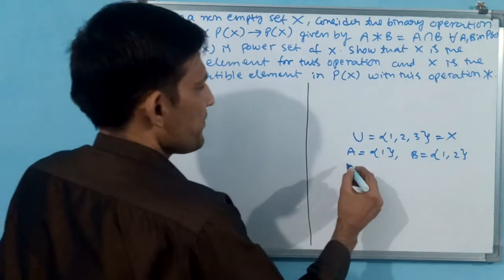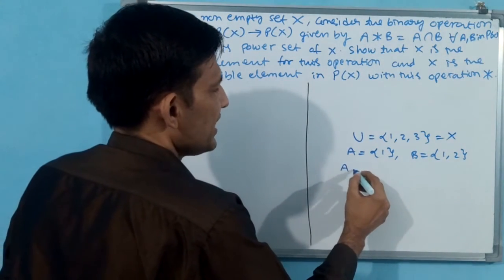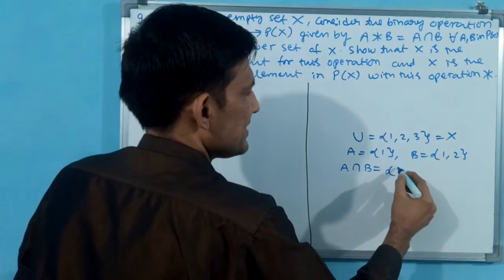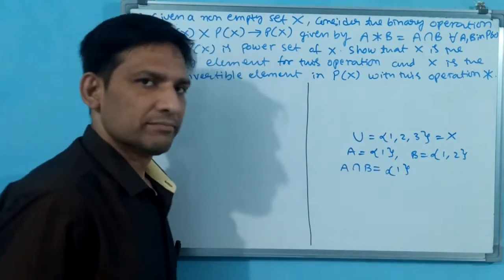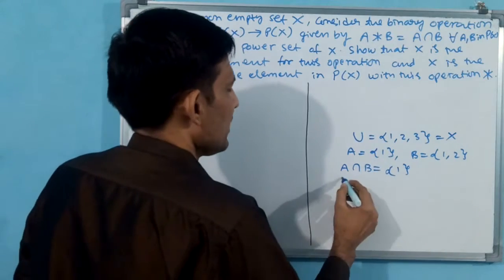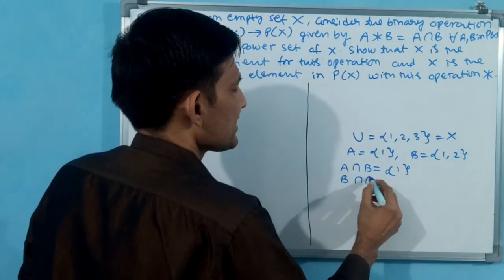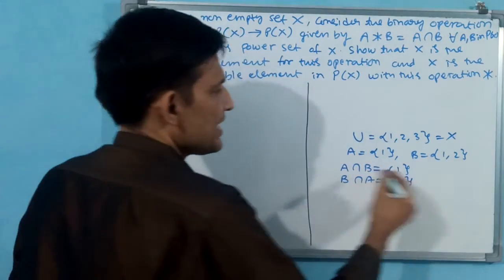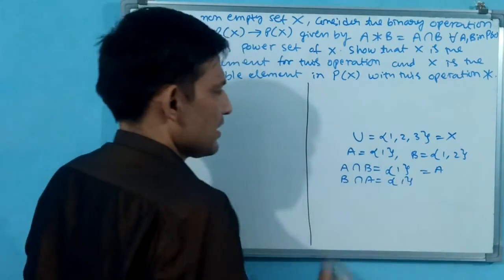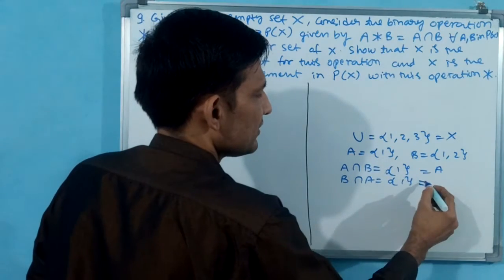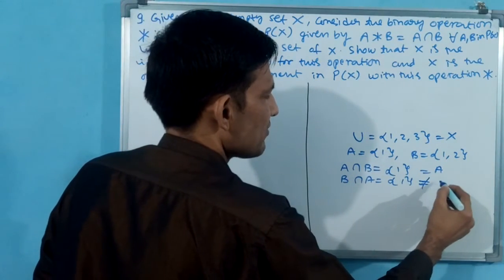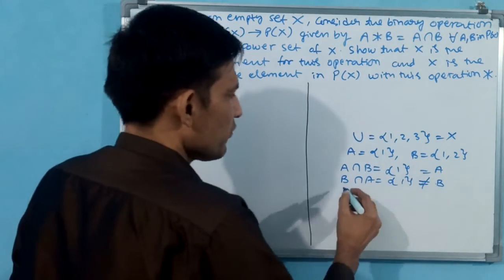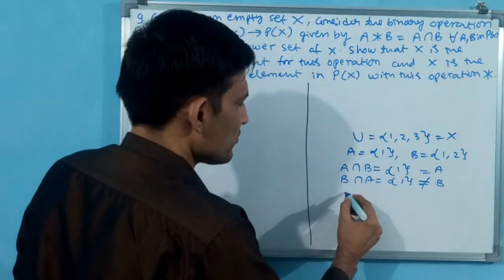Now you tell me, A intersection B, what will come? 1 will come. Now B intersection A, 1 will come. A intersection B is equal to A; B intersection A is not equal to B. But if you compare, now what I am going to do?